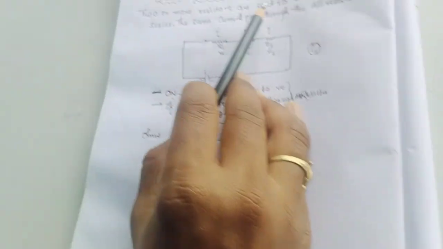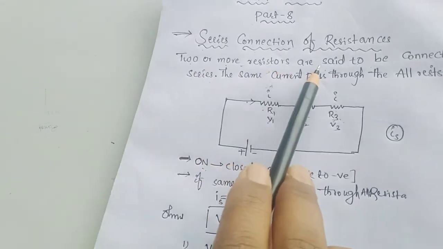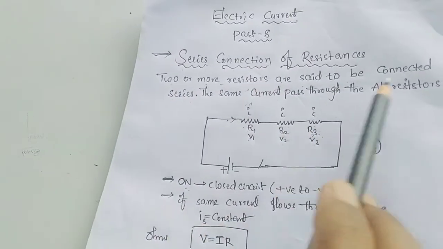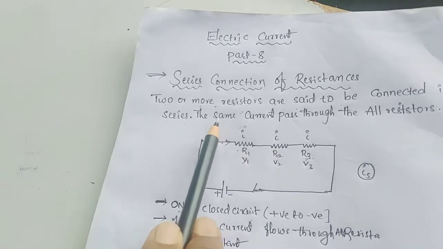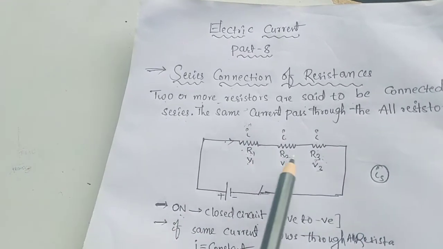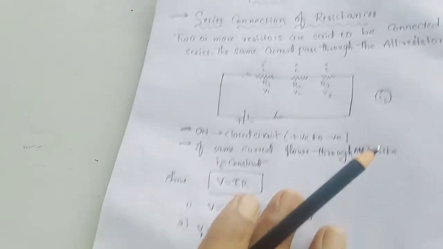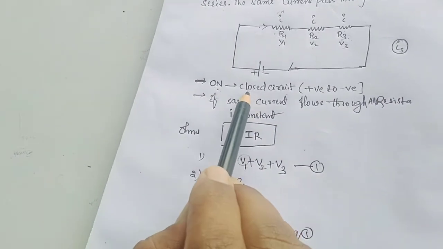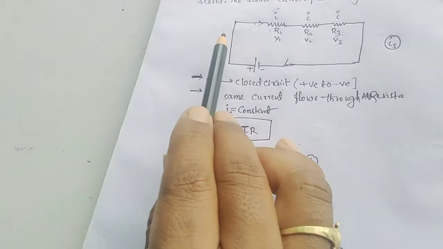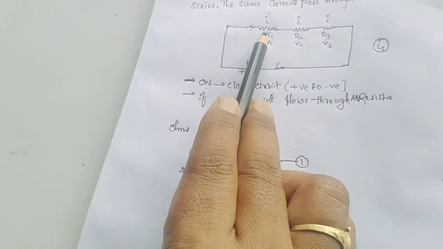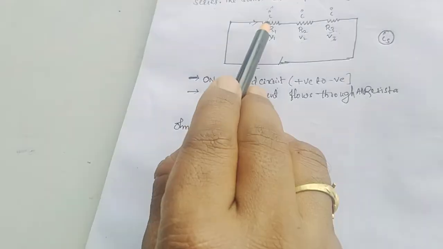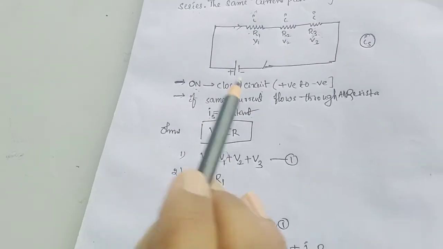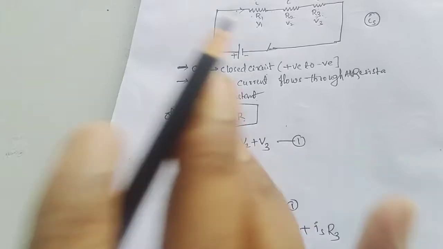Once again, the condition: two or more resistors are said to be connected in series when the same current passes through all the resistors. When the switch is on, current flows from the positive terminal via the resistances to the negative terminal of the battery. So the current is the same, Is is constant. From Ohm's law, V is equal to IR.